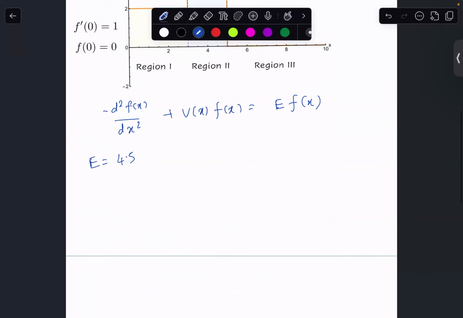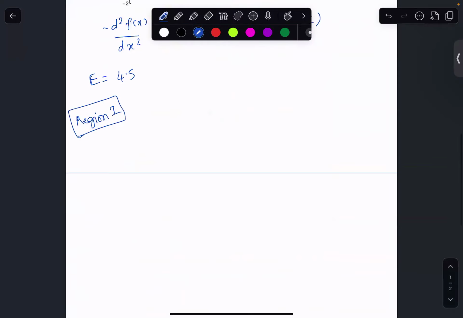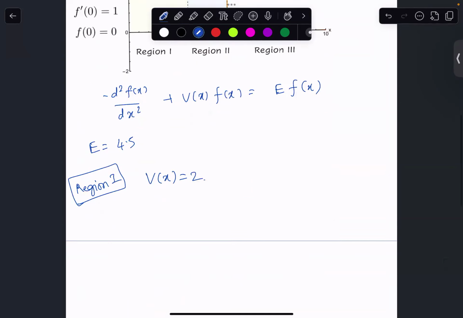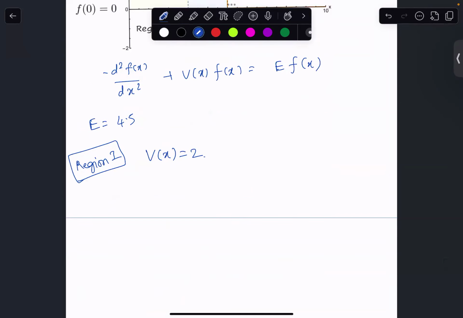So in region 1, we have been given V of x to be 2. So we simply substitute both of these back into the differential equation and see what we get.